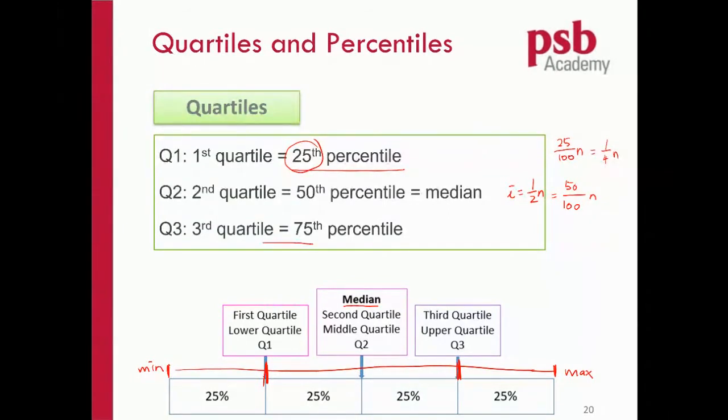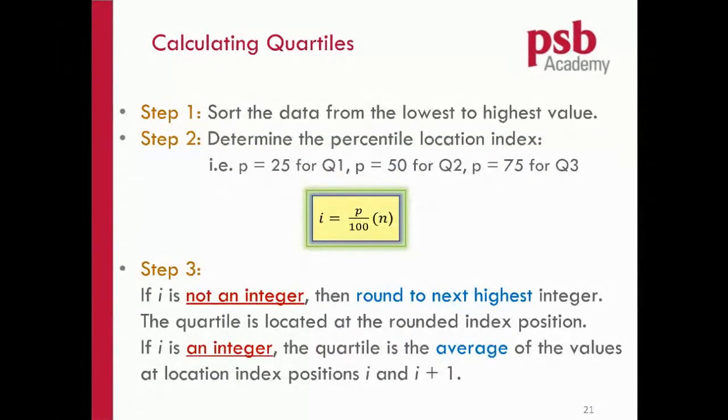And the 75th percentile will be 75 over 100 times n, and you get three quarters n. So actually the formula is the same, and the rule will be the same as what I have explained to you. The top number is called the percentile: 25th percentile, 50th percentile, or 75th percentile.